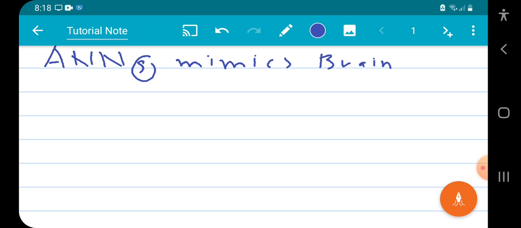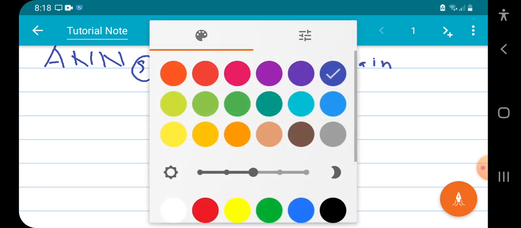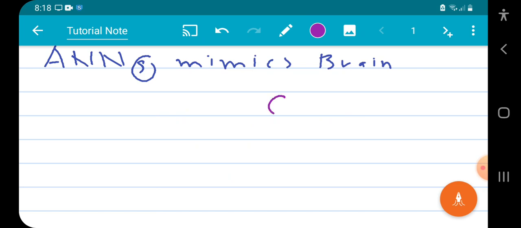If I need to represent what an artificial neural network looks like, then what you're going to see is that there are some circles. Let me draw small circles, and these circles are connected using some lines.